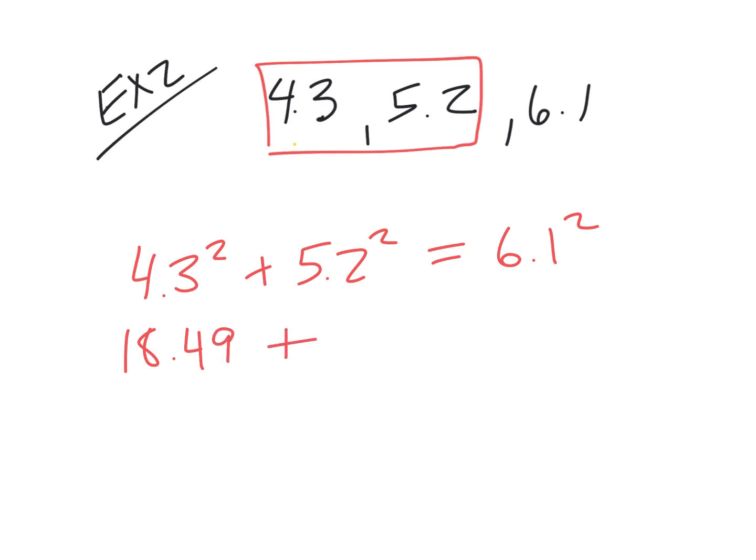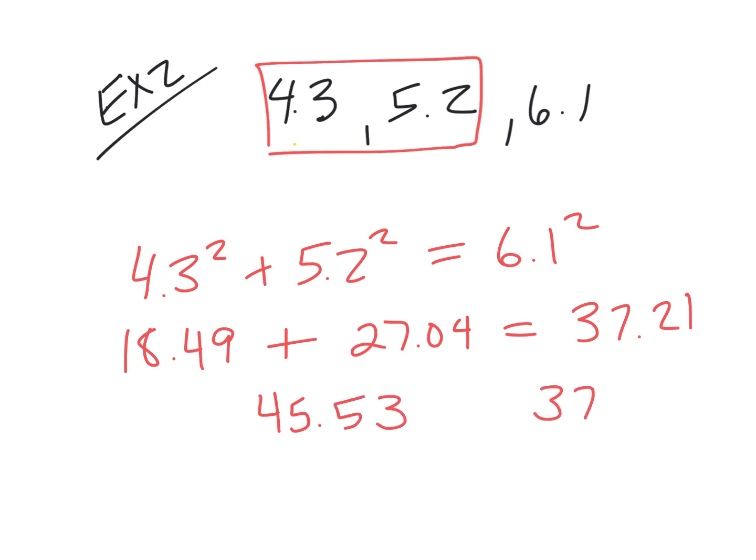Yep, 5.2 squared is? 27.04. Very good. And then 6.1 squared is? 37.21. All right, and then add the two legs and we get? 45.53. Yep.